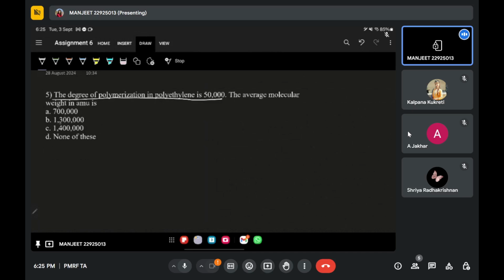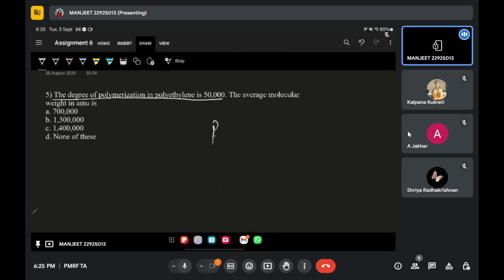The options are 7 lakh, 13 lakh, 14 lakh, or none of the above. This is the same as the earlier question. Here we haven't been told the number of mer units as earlier, when it was 1000, but we can say the same thing in terms of the degree of polymerization.